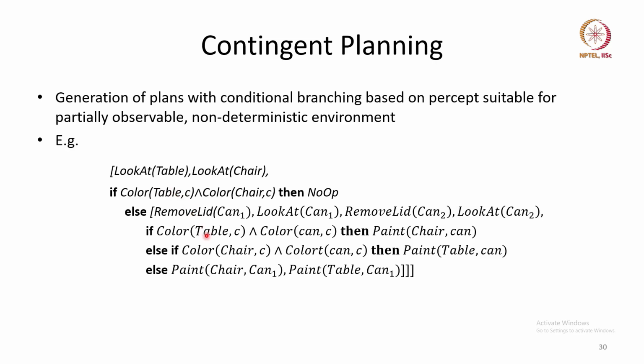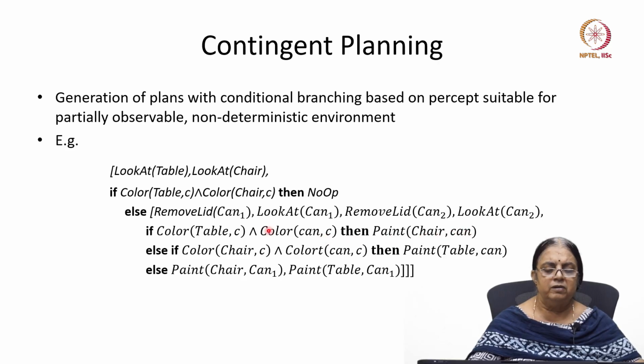So here we have a piece of planning given over here. If the color of the table and the color of the chair is the same, then you don't do anything. In other words, you are trying to see that both of them have the same color. But if they don't have the same color, you look at can 1, and look at can 2. Those are the two cans of paint that you have. If the color of the table and the color of can C are the same, then paint the chair.